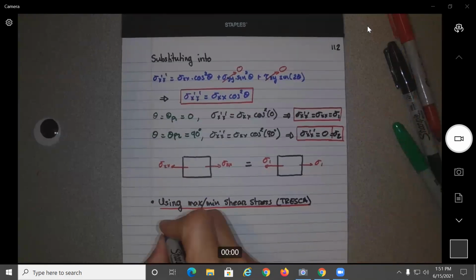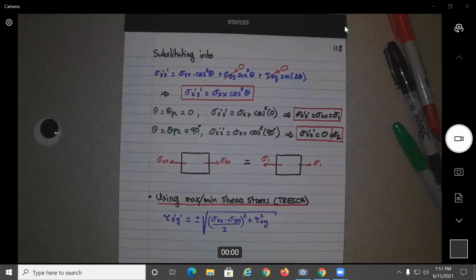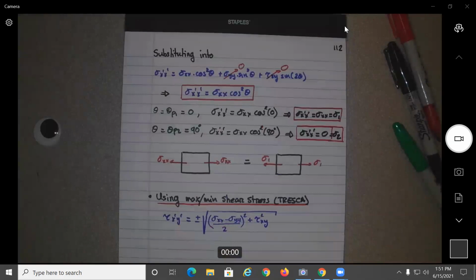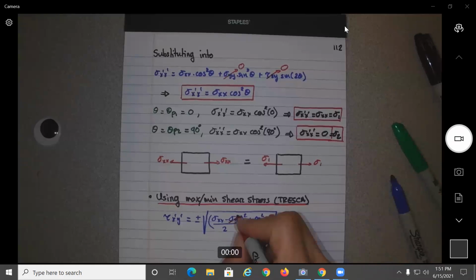In that case, the equation is tau x prime y prime equal to plus minus the square root of sigma xx minus sigma yy divided by 2 squared plus tau xy squared. If you look at it, this is only the right-hand term of the principal stress. So in this equation, this is 0, and this is 0.